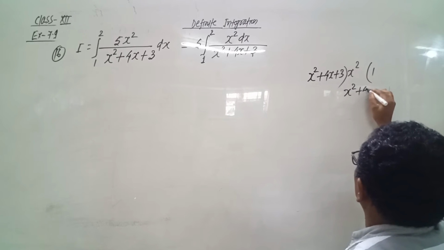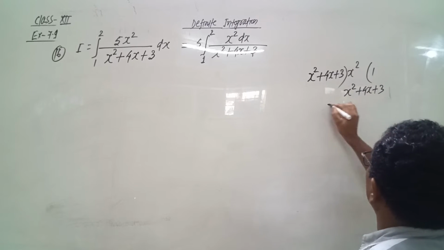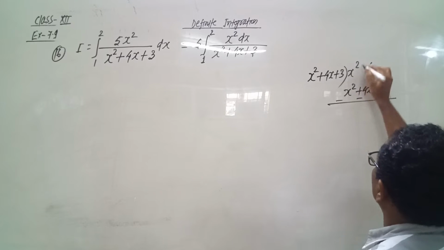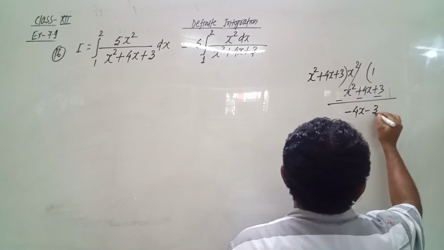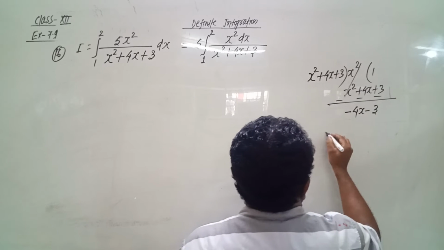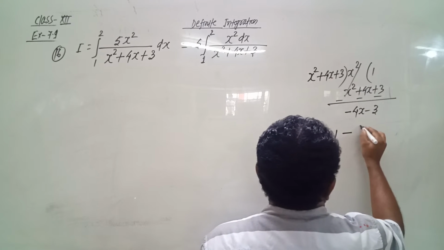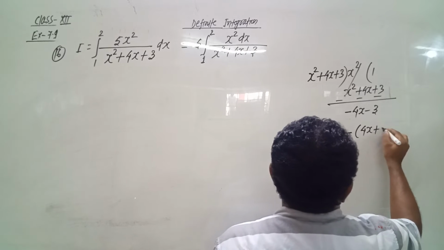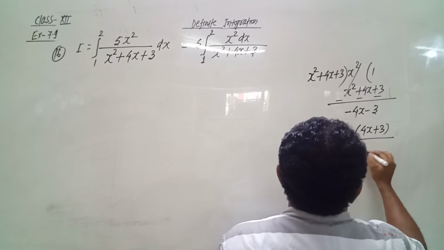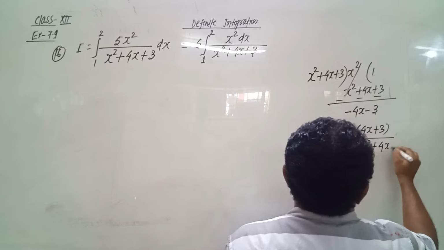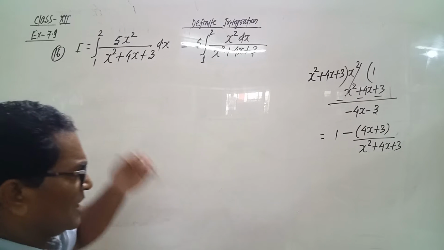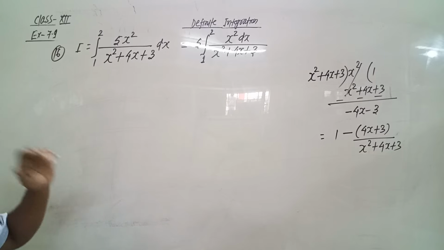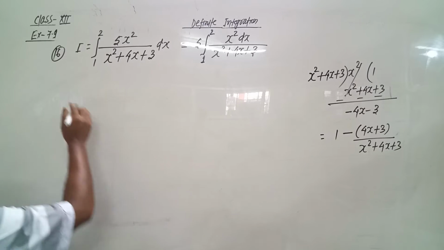So x square plus 4x plus 3, change the sign, x square cancelled and we get minus 4x minus 3. So we can write this expression as 1 minus (4x plus 3) upon (x square plus 4x plus 3).